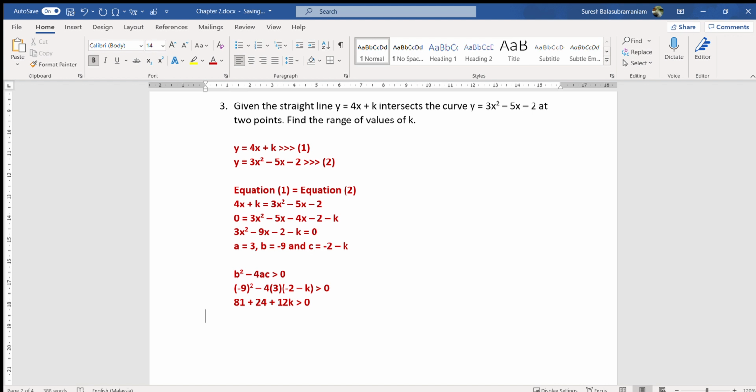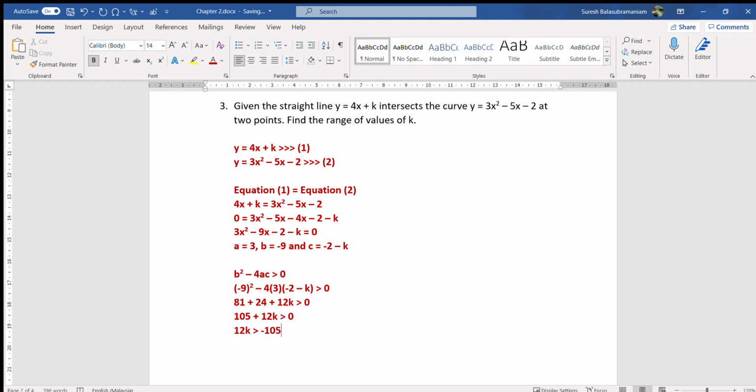So 81 plus 24 is 105 plus 12k is more than 0. 12k is more than negative 105.